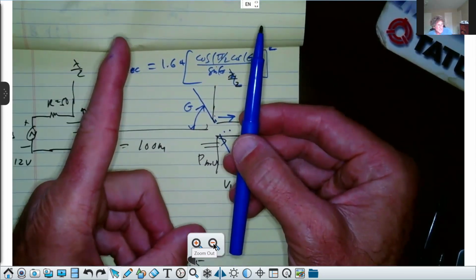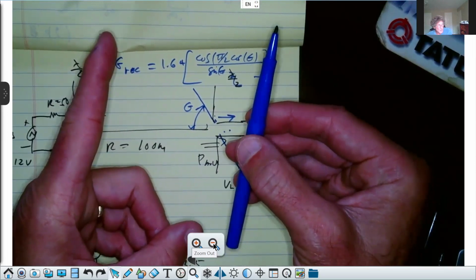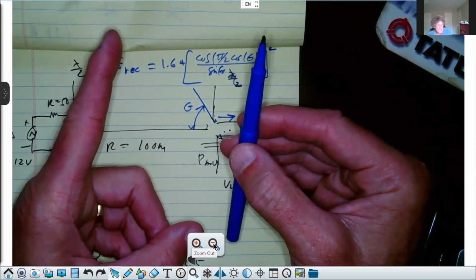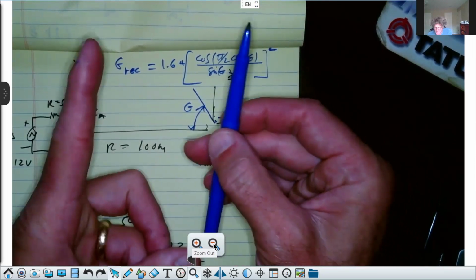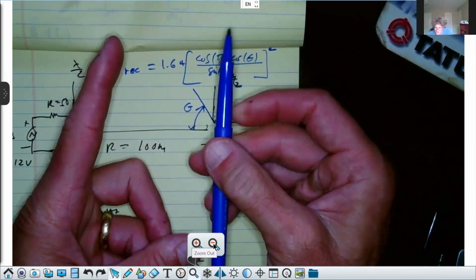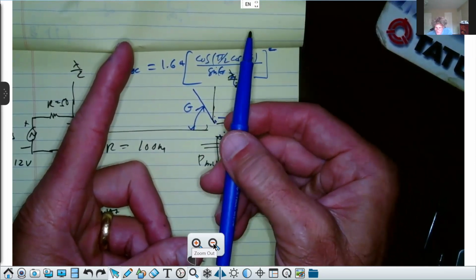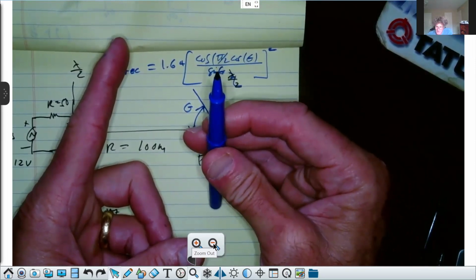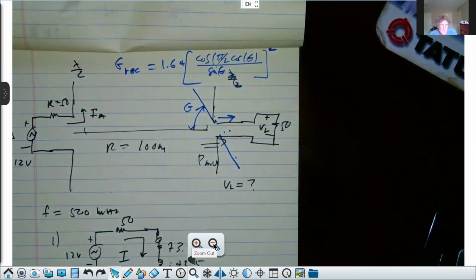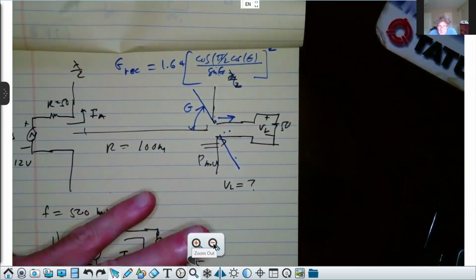If you take a radius vector and draw it through the centers of these two, and then twirl this thing on the perpendicular axis, the angular difference between the two is considered the tilt angle. But if it was skewed the way I showed you, then the gain would change.